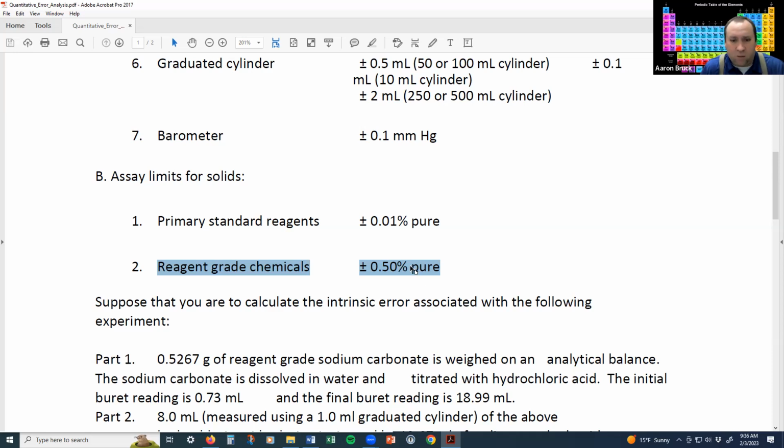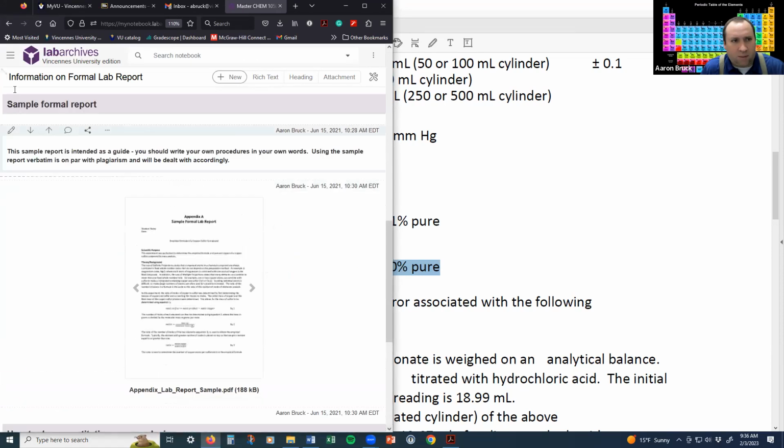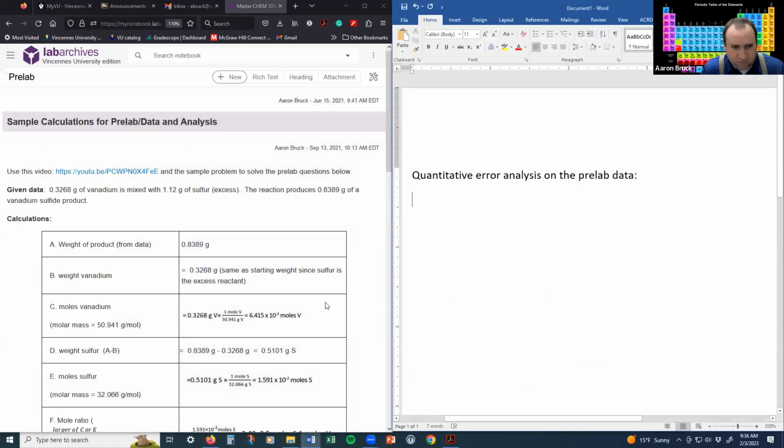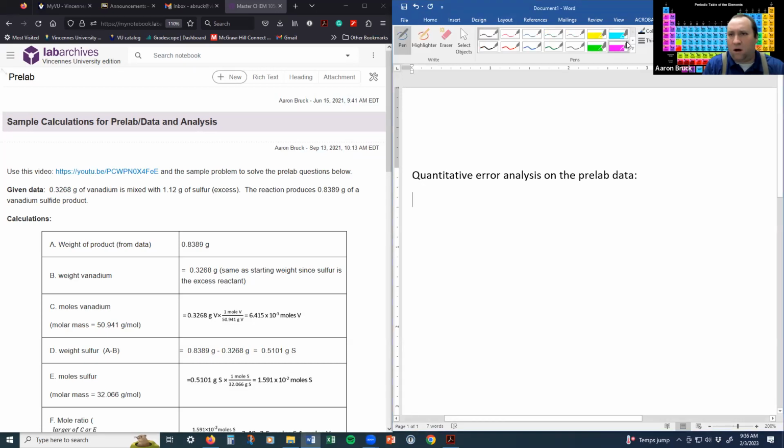When we go to do the analysis, again, I'm going to pull up our prelab as an example. What I can start to look for is the pieces and parts here.